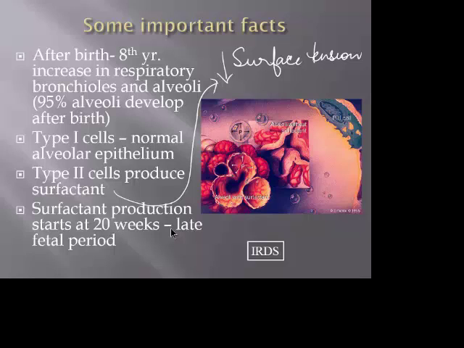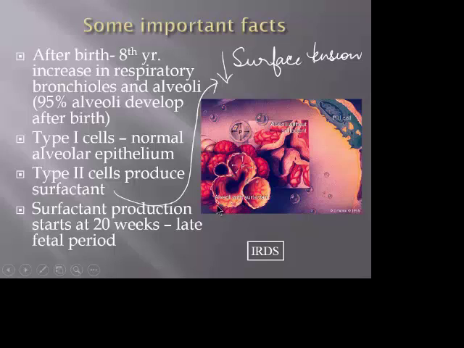The alveoli tend to stick to one another. If they stick to one another, they would be collapsed. So if you look up here, this is a case where the surfactant has not been produced. Notice how the alveolar walls have collapsed. This is a case where the surfactant production is adequate. See how well inflated the alveoli are.